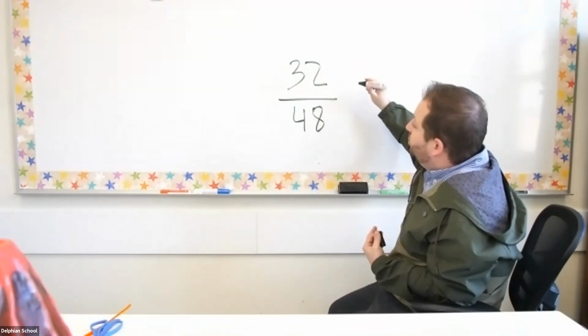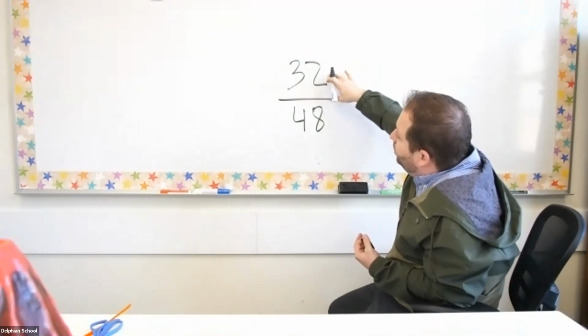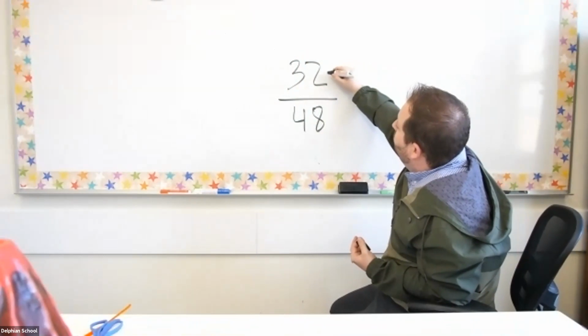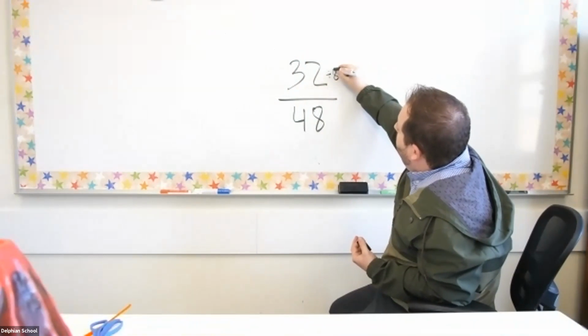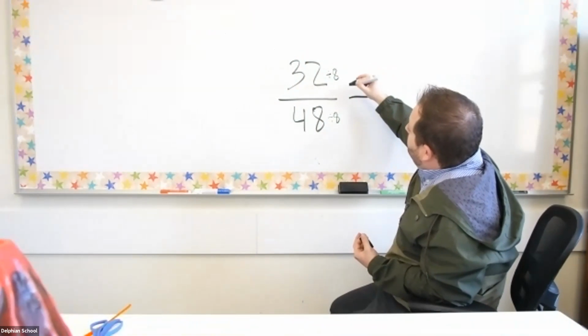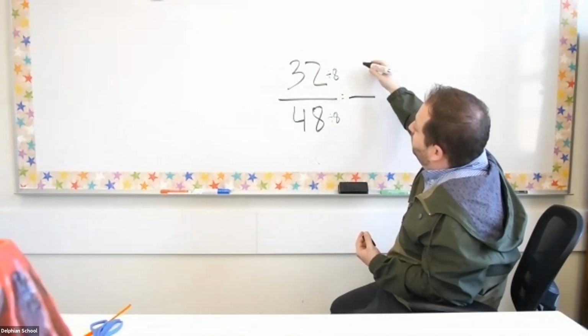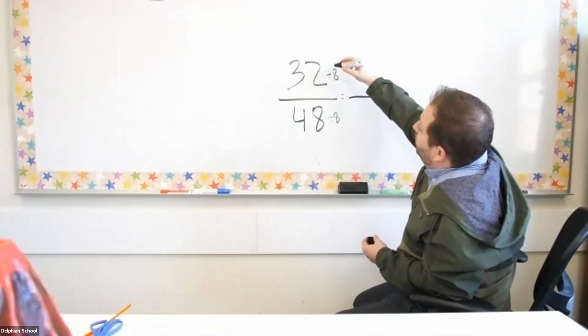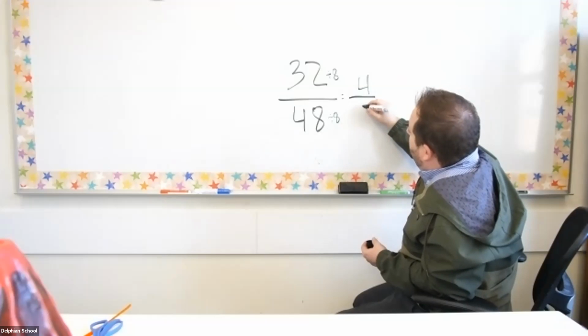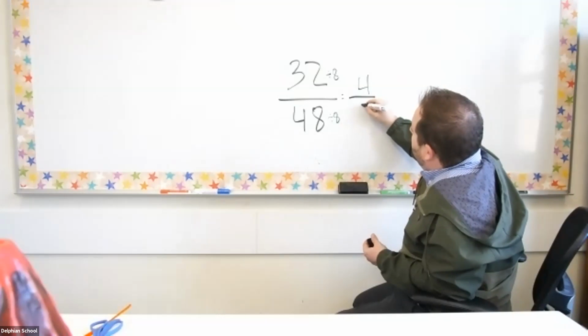Let's just start by dividing by 8, because 32 can be divided by 8 and 48 can be divided by 8. So let's try it. 32 divided by 8, 48 divided by 8. That's just an equal sign, just to keep track. 32 divided by 8 is 4. 48 divided by 8 is 6.